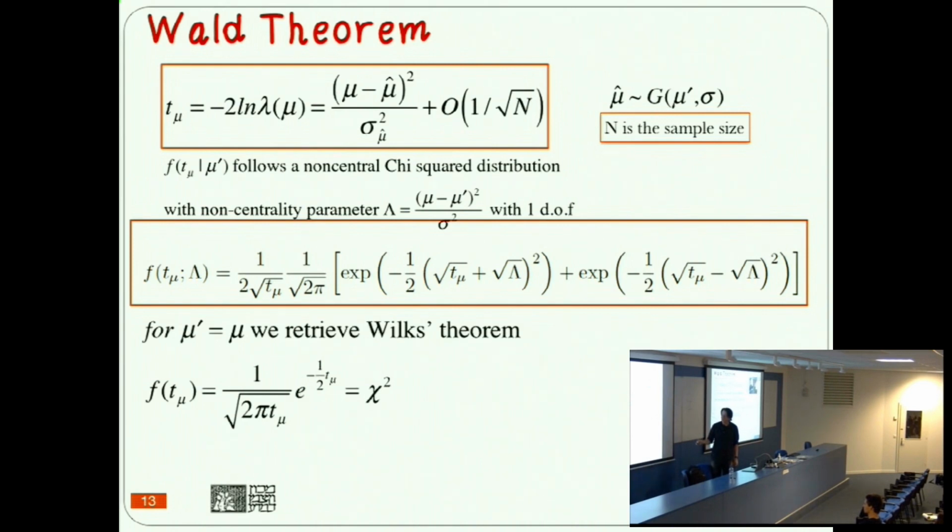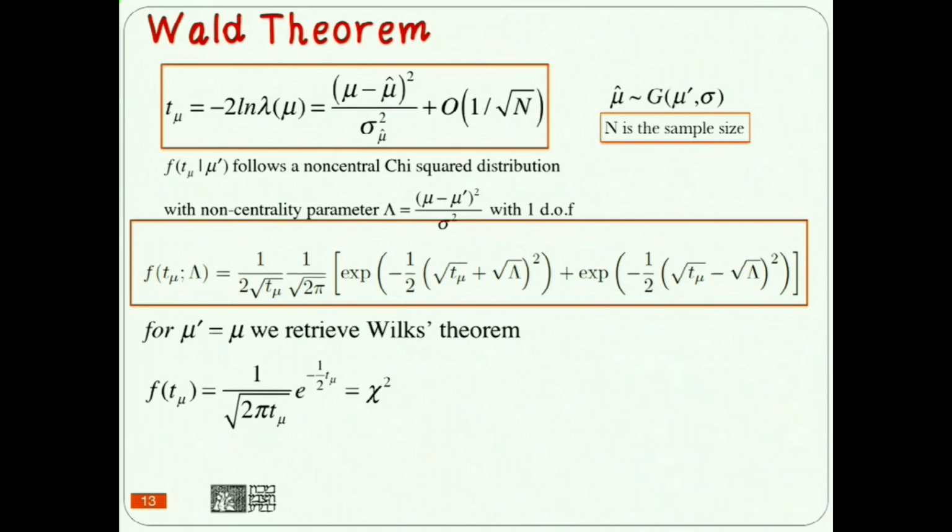F of t_mu is 1 over square root of 2 pi t_mu, e to the minus half t_mu. This is a chi-square. So Wald becomes Wilks when you check the distribution of t_mu under the same hypothesis that you check under mu. T_0 under 0 is a chi-square, t_1 under 1 is a chi-square.